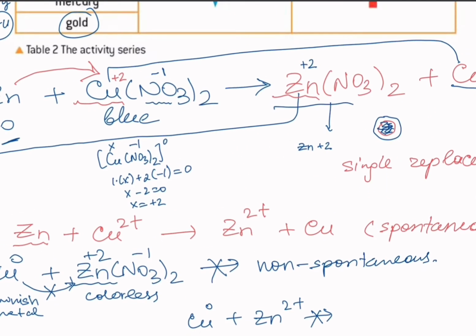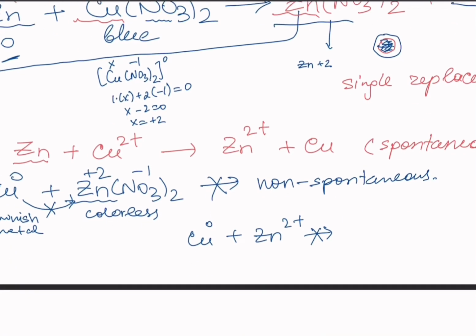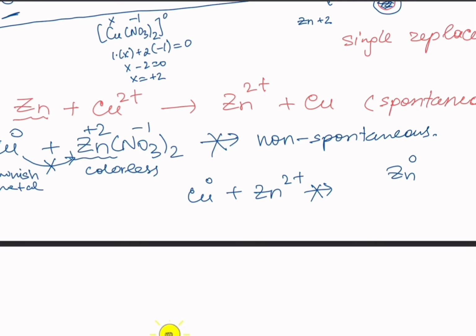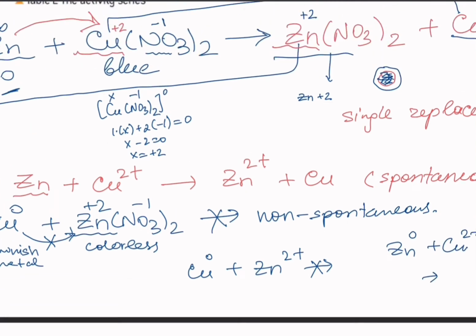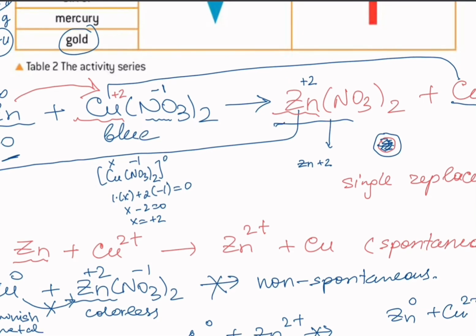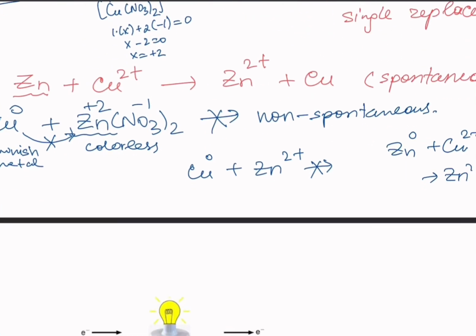But as you can see here, zinc by itself is 0, zinc 0 plus copper 2 will give you the product of zinc 2 plus and copper. This is spontaneous. And then this is non-spontaneous. Okay, I think that should do good for you guys.